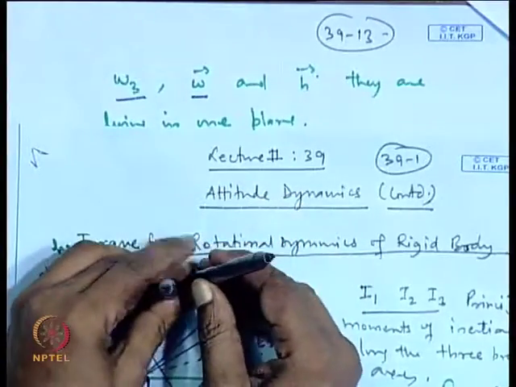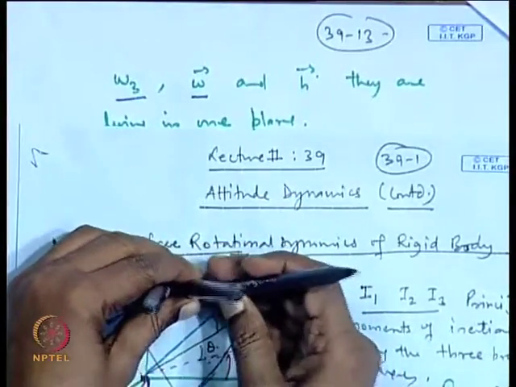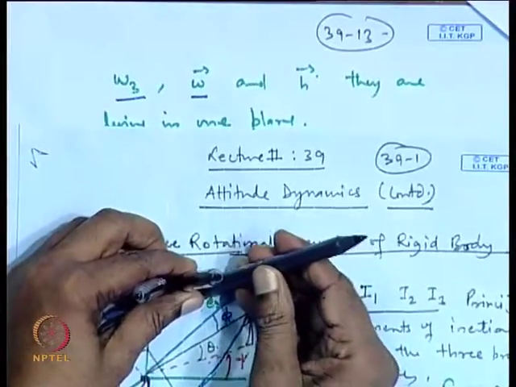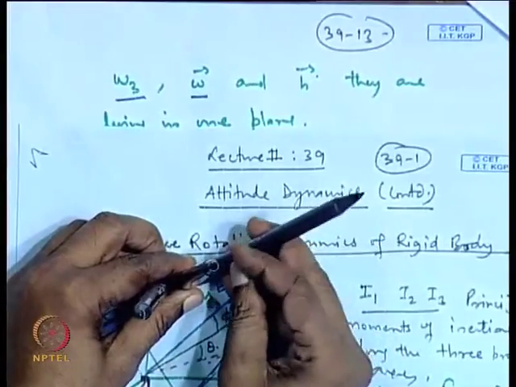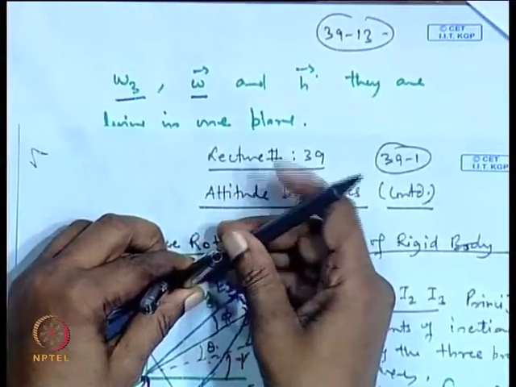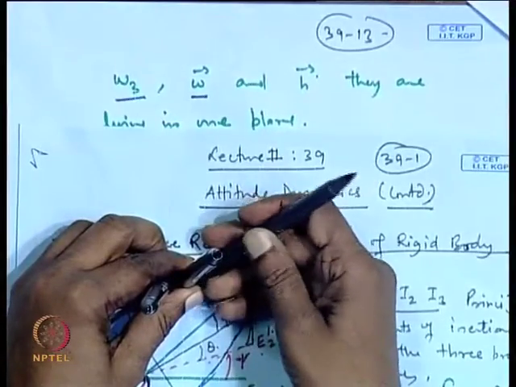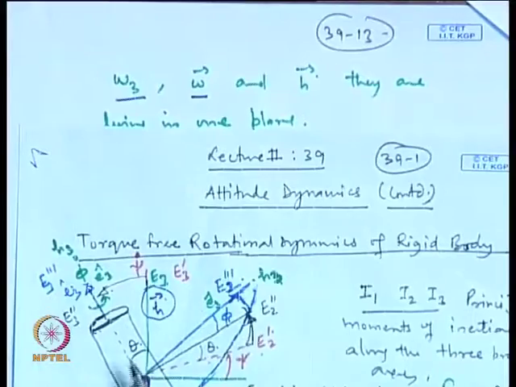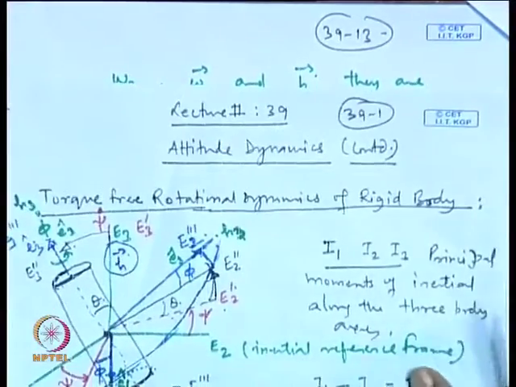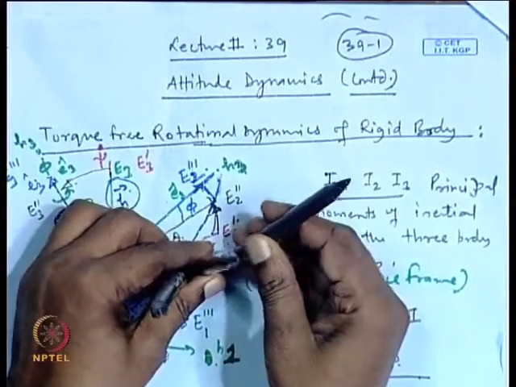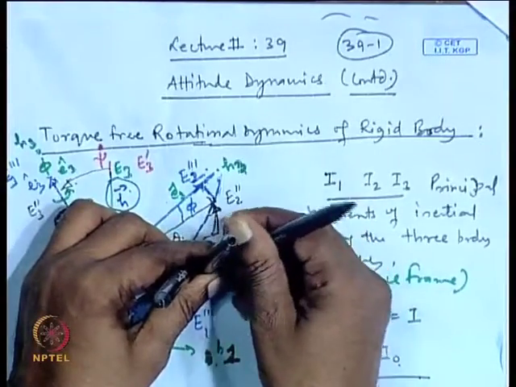So, now let us indicate it like this. This is your omega vector, this is your h vector, and this is the omega 3, which is representing the spinning, the body component of the angular velocity along the third axis. Okay. So, it is rotating like this.